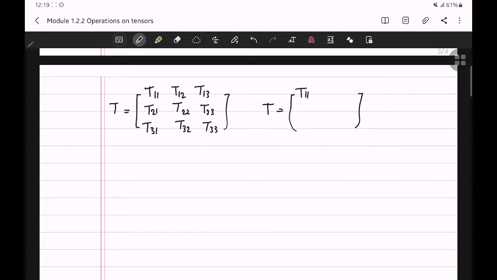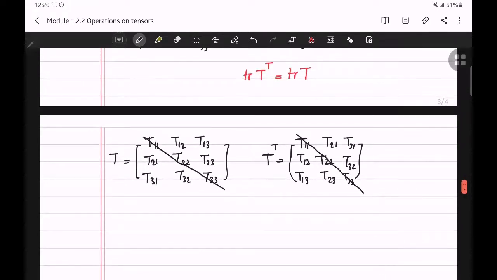So T11 stays in its place, this becomes T21, T31, so all these go here, and we have T12, T22 stays in its place, then T32, and this is T13, T23, and this is T33. So you see that these diagonals, which give the trace of both T and T transpose, the summation of the diagonal components remains the same. So that's why we say that the trace of T transpose is the same as the trace of the tensor T.